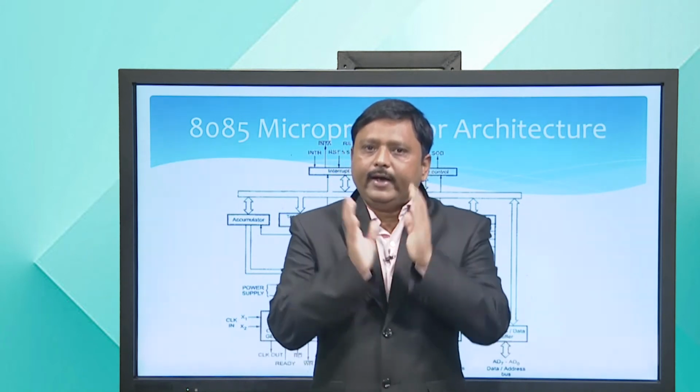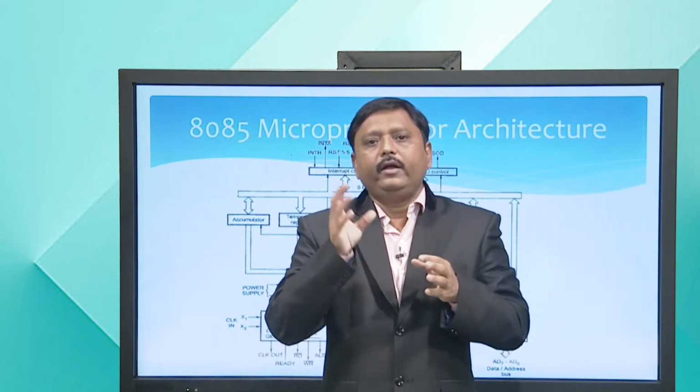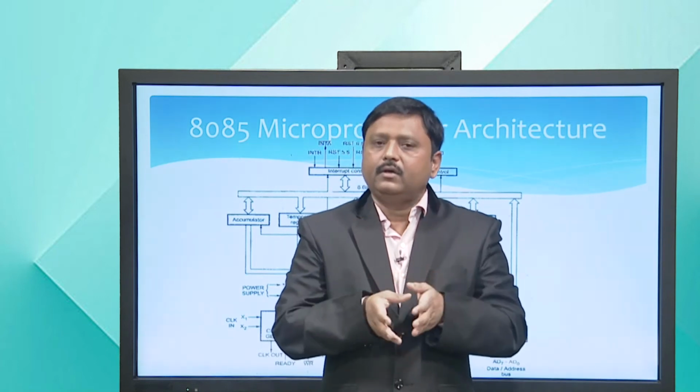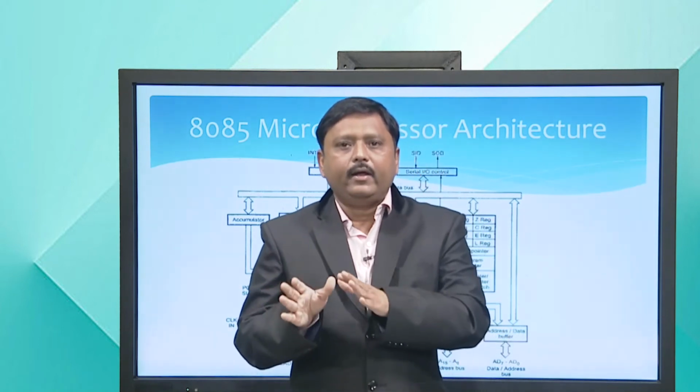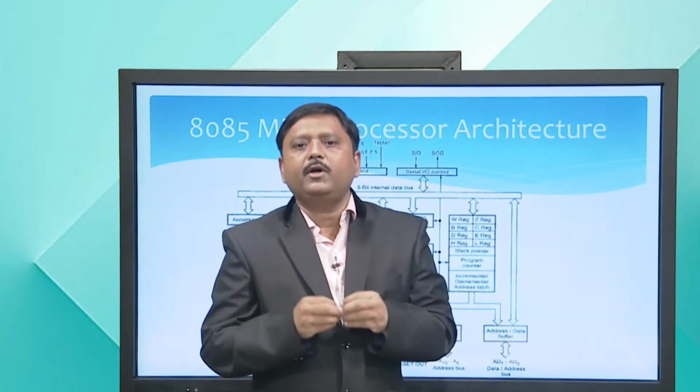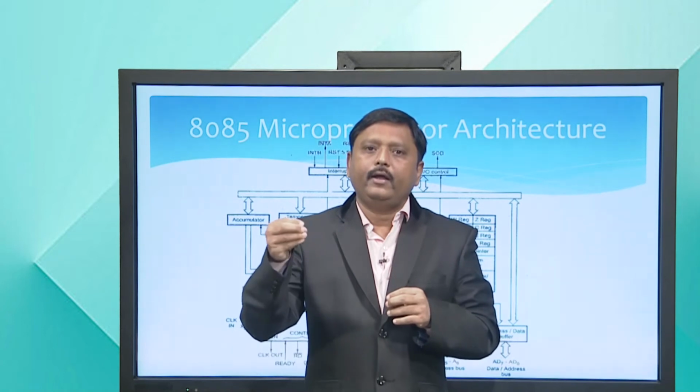So, the data bus is the number of bits a microprocessor handles at a time, and the address bus means how many memory locations it can address.